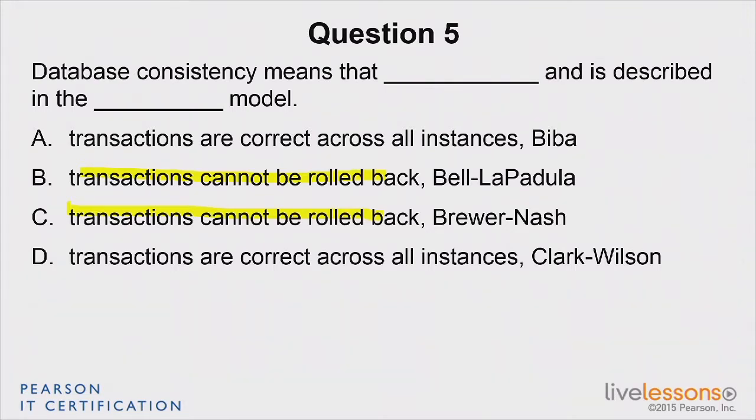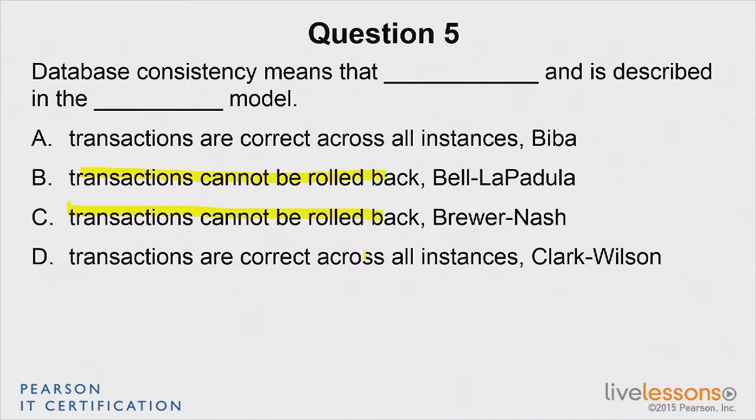And now you have to go back and think about the models. Is it the Biba model, or is it going to be the Clark-Wilson? Now both Biba and Clark-Wilson models were integrity models, but Biba was that we could have no read down, no write up. Clark-Wilson was our access triple.